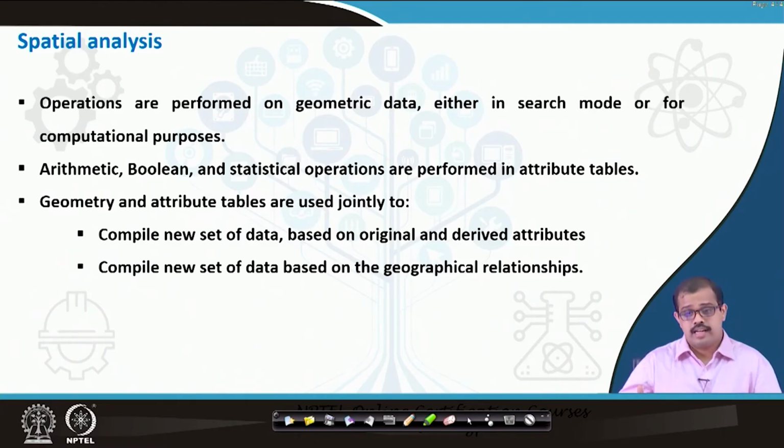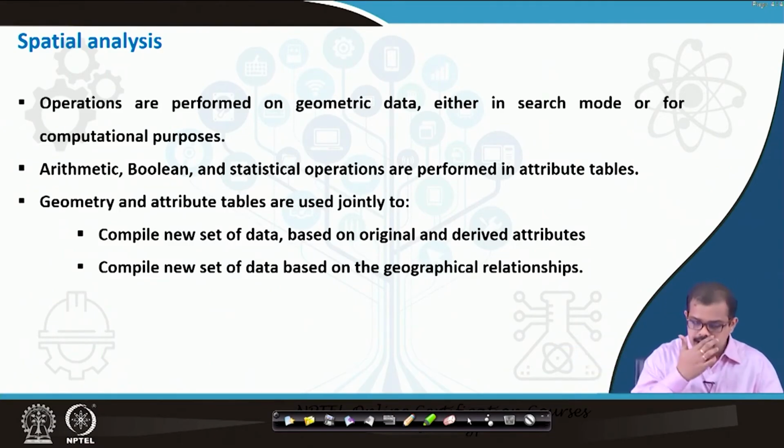Arithmetic, Boolean, and statistical operations are performed in the attribute table. I will show you at the end, probably in the 5th lecture of this module, how an attribute table looks, and how, using just a mathematical operator there, you perform analysis. I won't really do it, but I will show you how it is done.